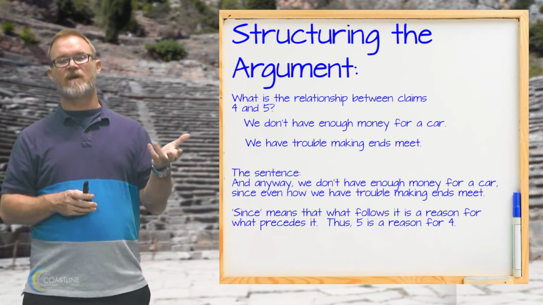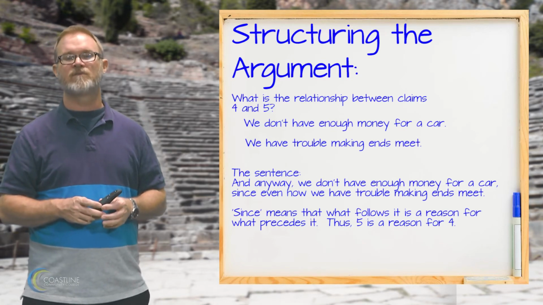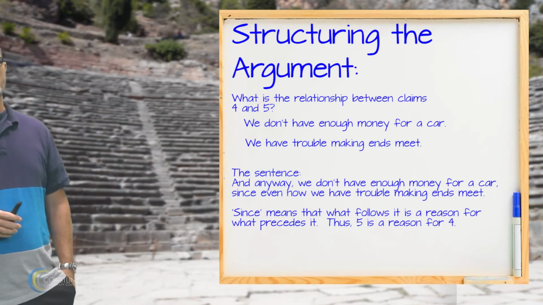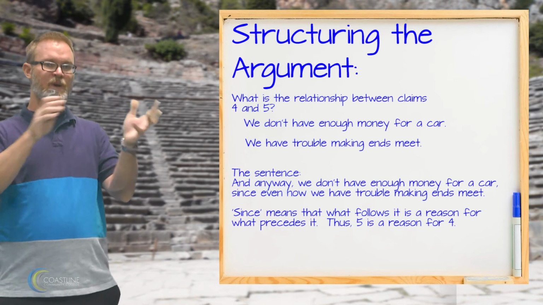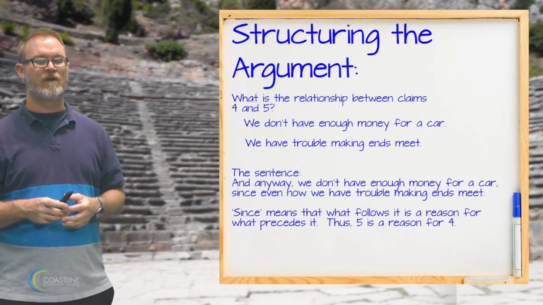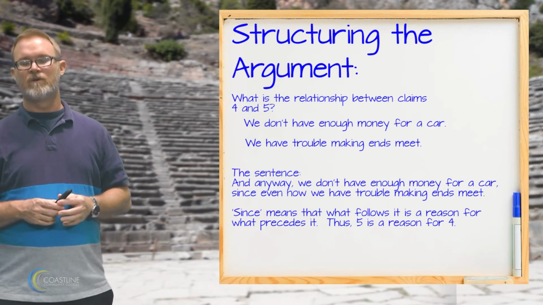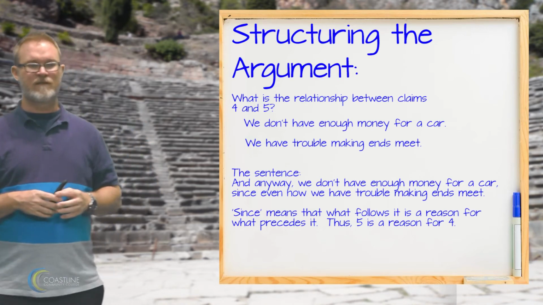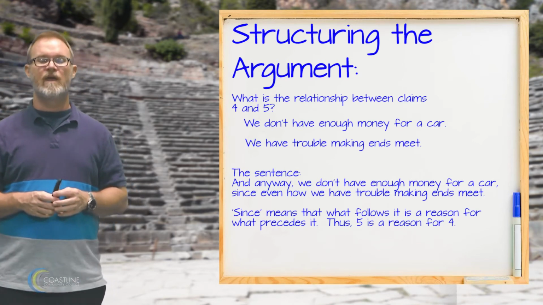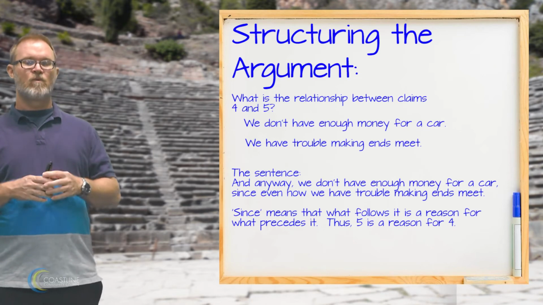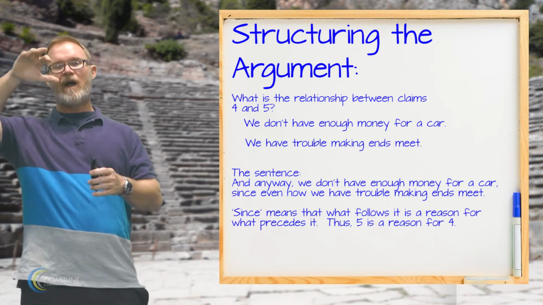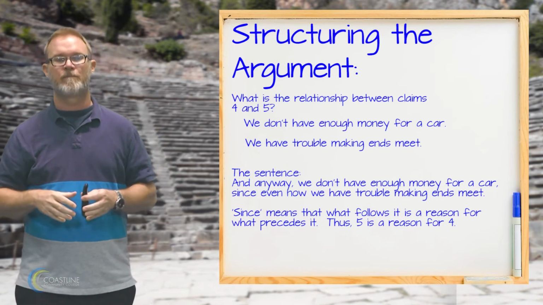Now we can ask, what's the relationship between claim 4 and claim 5, right? Now, claim 4 says we don't have enough money for a car. Claim 5 says we have trouble making ends meet, right? And again, the best thing to do is look back at the passage to determine the context, and to see if there are any indicators there at all. So in the passage, it looks like this: "And anyway, we don't have enough money for a car, since even now we have trouble making ends meet." Now, what a "since" does is it tells us that what's after is a reason for what's before, right?